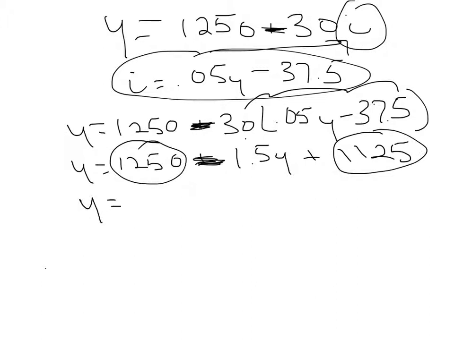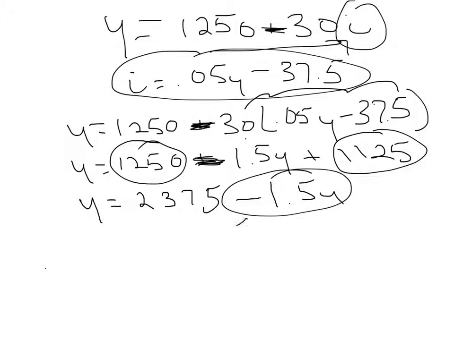I get Y equals 2375 minus 1.5Y. Now I'm going to move this 1.5Y, it's negative 1.5Y, to my left hand side, so I have to add both sides by 1.5Y, so it can be canceled out on the right hand side. So now I have 1.5Y plus 1Y, remember it's an imaginary 1 there, equals 2375.